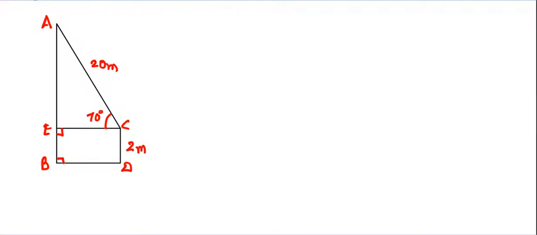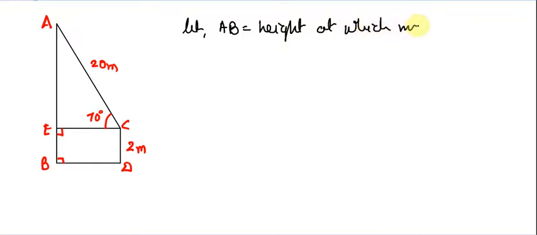So let's assume all the data. Let AB equal to the height at which the maximum ladder can reach. This height we have to find.